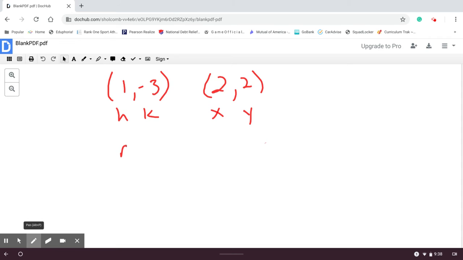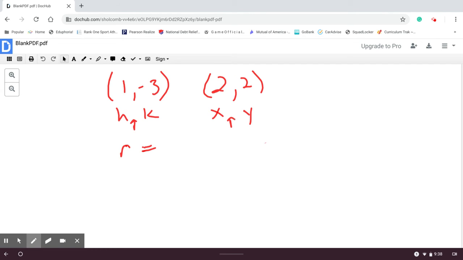In other words, you don't have to plug all this into the equation of the circle to find r squared and take square roots. You could, but it's much simpler to just say the radius is equal to the distance between those 2 points, because that's the center right here, and that's a point on the outside of the circle, so the distance between those two has to be the radius.